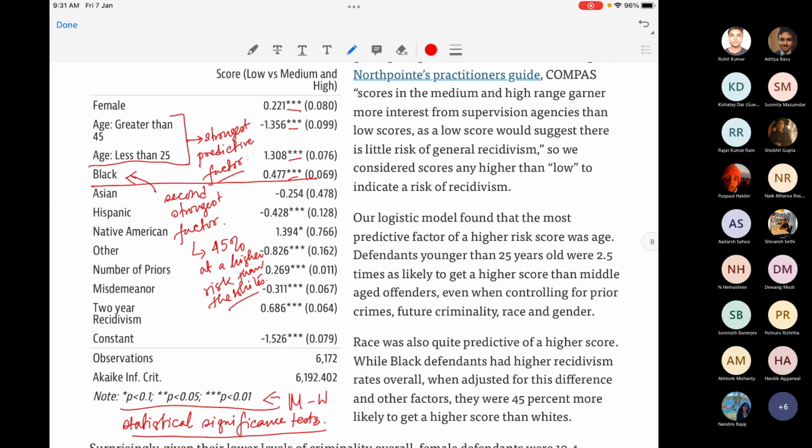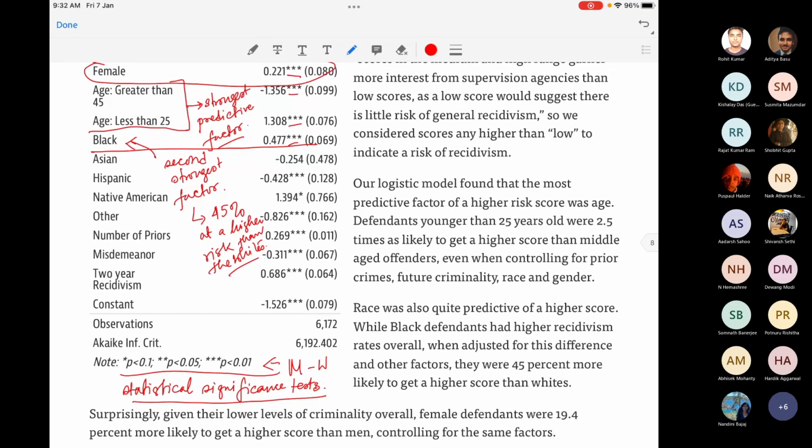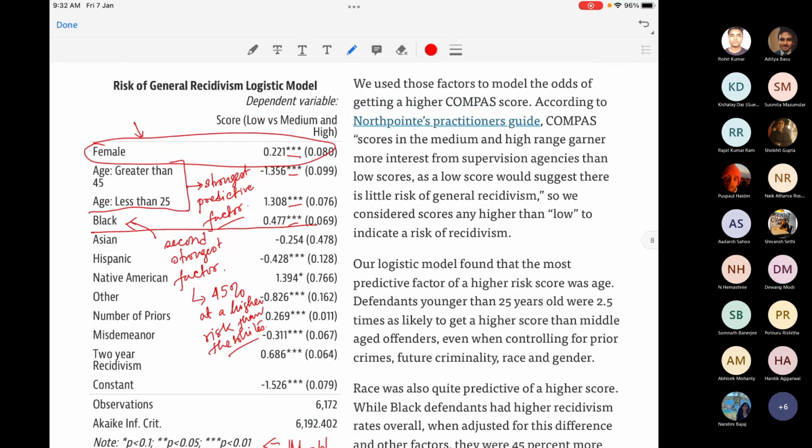So what next? Among the profile factors, gender. See, gender is such a strong indicator. This is again very alarming because in general, women have lower crime rates.